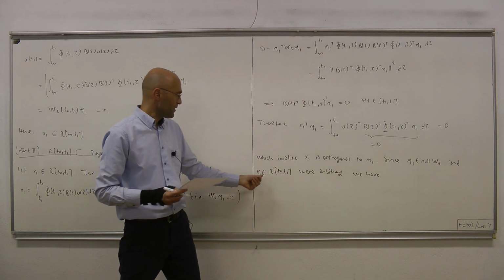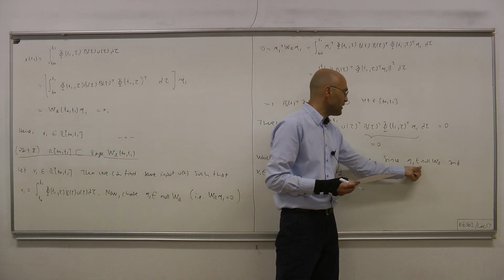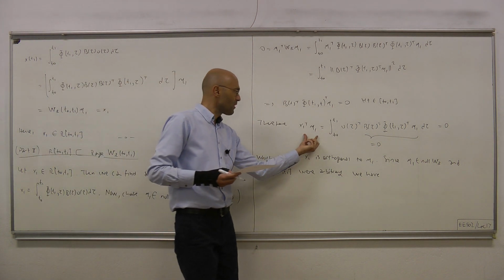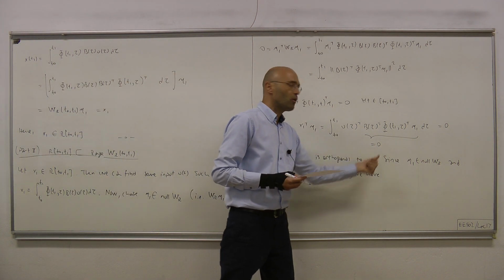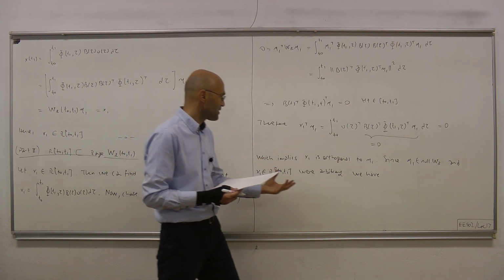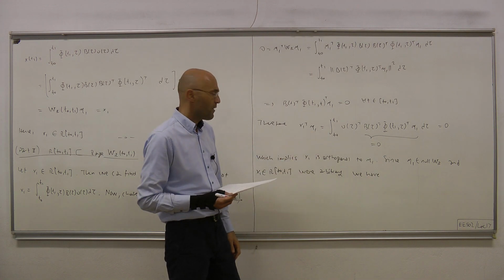Once again, pick any x1 from this subspace and pick any eta 1 from that subspace, and those two vectors always produce 0 inner product. They're always orthogonal. So that means the subspaces themselves must be orthogonal to one another.